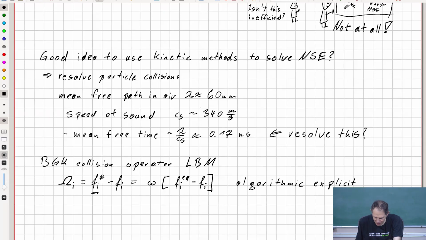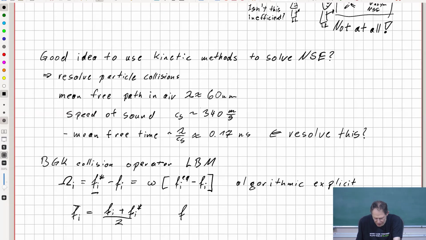However, as we have discussed, we are not solving the Boltzmann equation for either F or F star, but we solve the reduced Boltzmann equation for the average of the two, namely F, what we call here F over bar, which is (Fi plus Fi star) times 1/2.